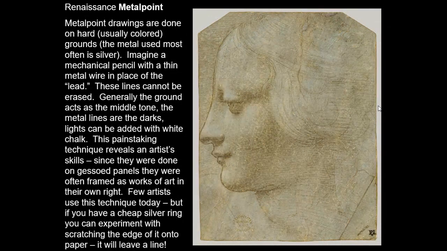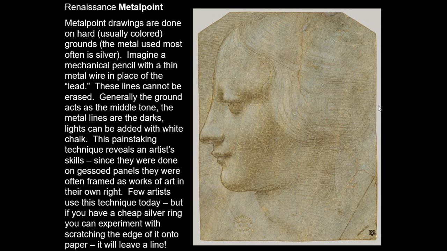So instead of drawing with a piece of graphite, your quote-unquote pencil lead, in this case we're actually drawing with a wire of metal, usually silver. Now, a piece of silver will actually leave a trace mark on a surface if that surface is relatively hard.